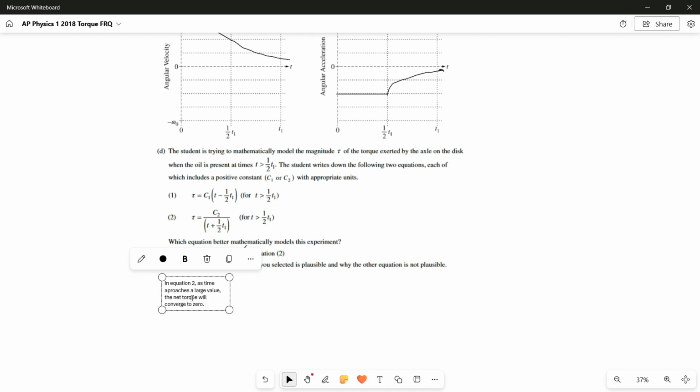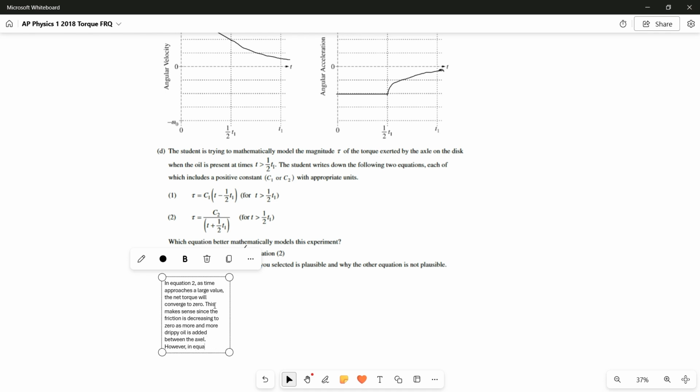Okay? Well, if that's the case, then all we really need to do is now also explain why the other equation is not plausible. But first of all, we have to actually explain why this makes sense. This makes sense since the friction is decreasing to 0 as more and more oil is added between the axle.